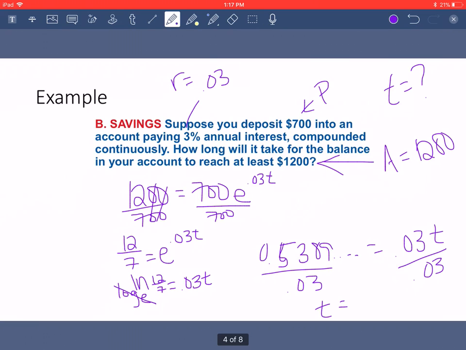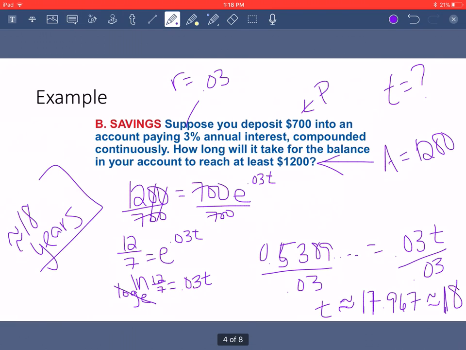So I get that the time is about 17.967 years, which is also about 18 years. So my time, I'm going to write it over here, is about 18 years.